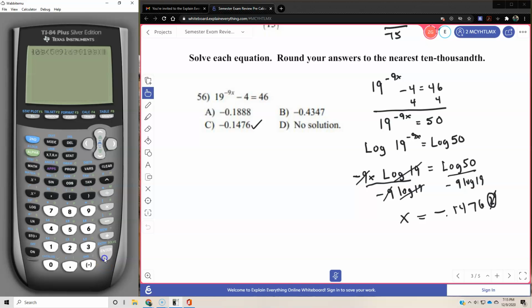And what we get is negative 1.476. That is the 10,000th place. So you look to the right, and we know that 2 is less than 5, so you truncate that. So your answer is C.